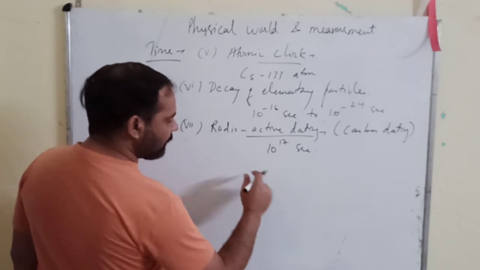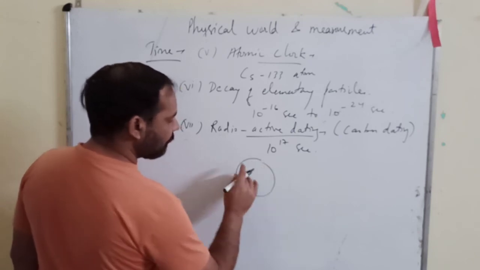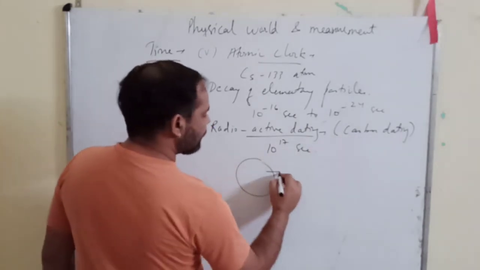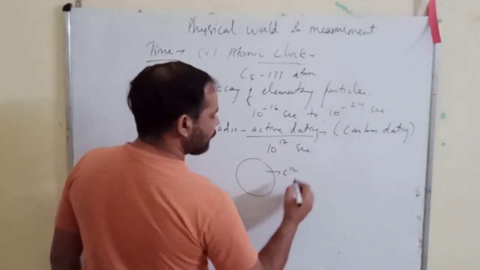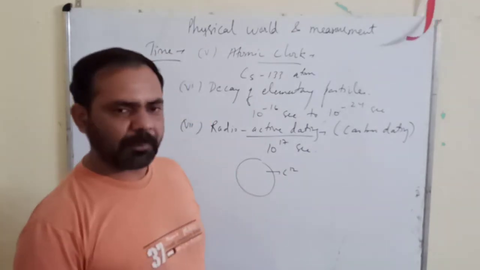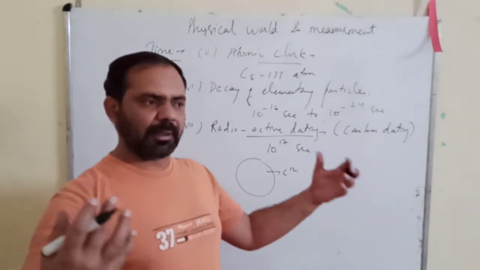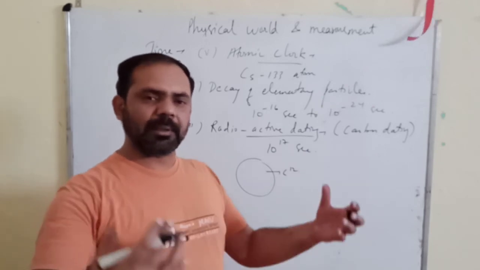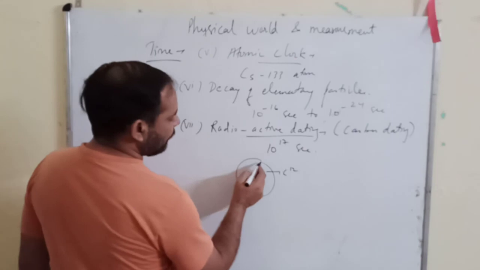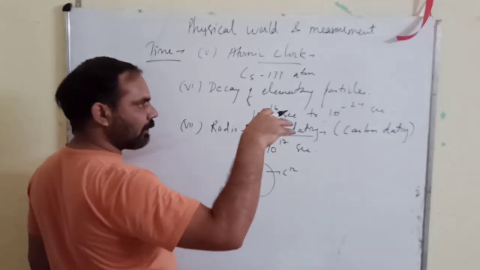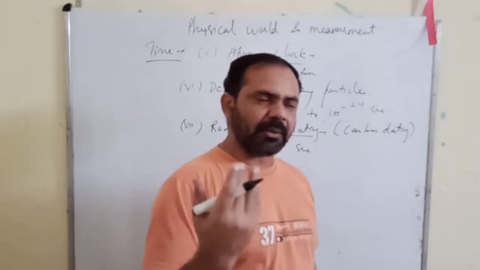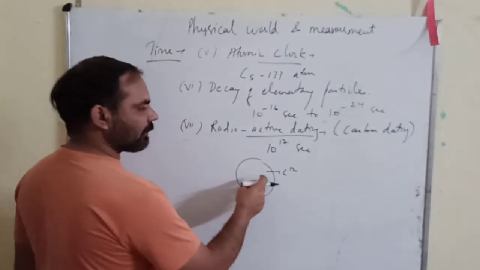Every object has some, suppose carbon. There is a carbon isotope, C-12, which is actually radioactive. Now that carbon-12 isotope is present in all the living beings, right? Now suppose a very old object is there. Suppose a fossil is there. Now that fossil has some carbon-12.